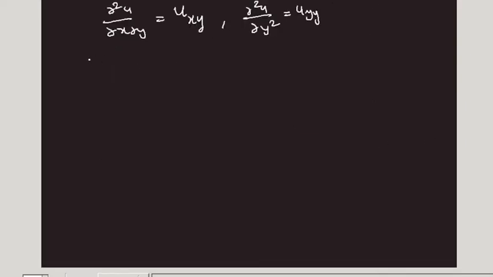Let us discuss the problems. Let us consider the function u equal to x square plus y square. On the right hand side we have x and y. We must find dou u by dou x and dou u by dou y. We differentiate u with respect to x partially.